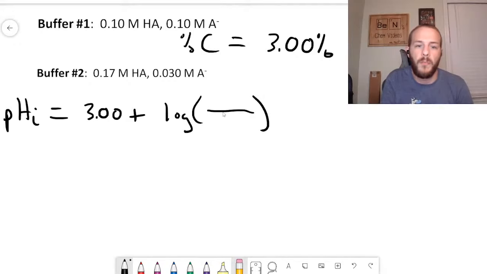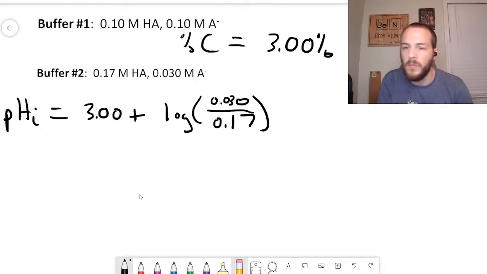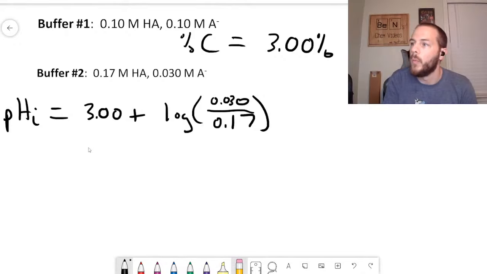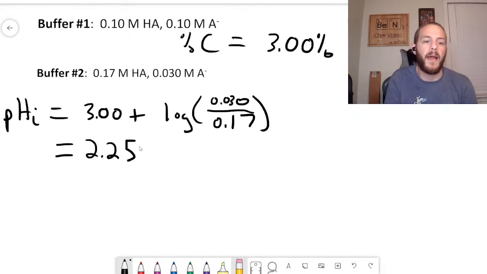The concentration of base is 0.030, and the concentration of the acid is 0.17. If you throw that into your calculator, what do you get? When I did this, what I got was 2.25. So our initial pH is 2.25.